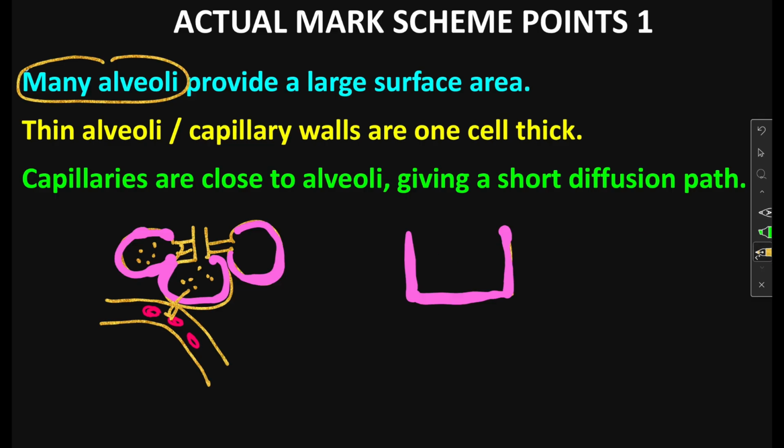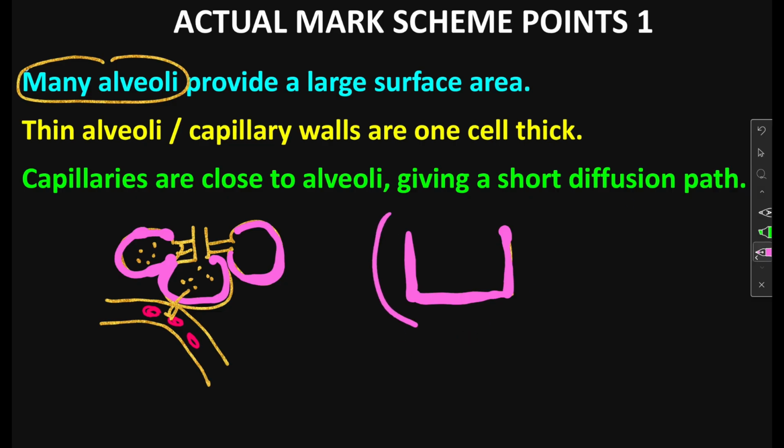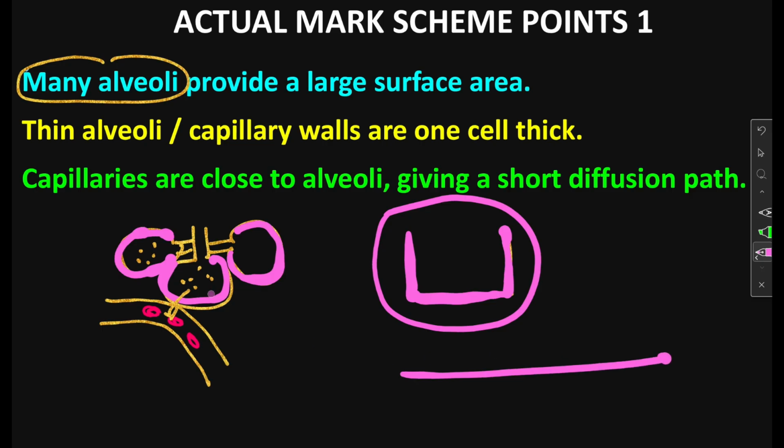And this surface, if I stretch it and show you how much surface is that, you will see the surface that this part provides is only this much. However, if you turn them into alveoli, circular structures like this, and if you open these surfaces, you will see the surfaces are way longer than this square one.